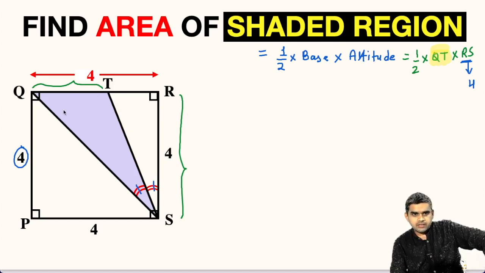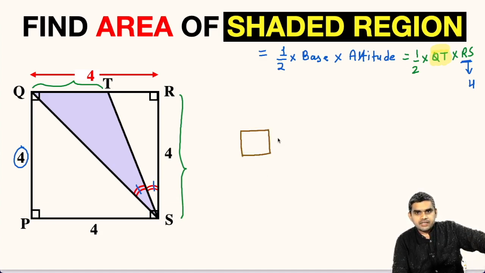First of all, if we see this figure, this is a square and QS is the diagonal. So what will be the measure of QS? We know that if we have a square whose each side is small a, then its diagonal is equal to root 2 times the side length, that means root 2a.